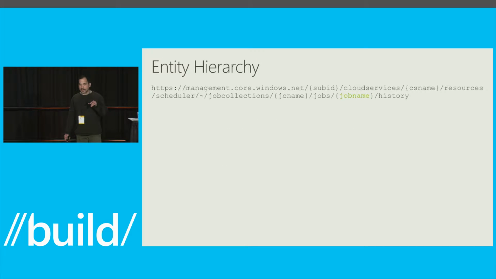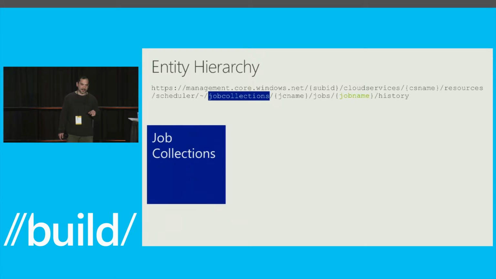So looking at the entity hierarchy, at our REST URI, you can describe what that entity hierarchy is. So I'll go through each of these parts and describe what that hierarchy looks like. So at the top layer, we have job collections. Job collections is, as the name implies, a collection of jobs under your subscription. And I'll go into the details of each of these as we go on.